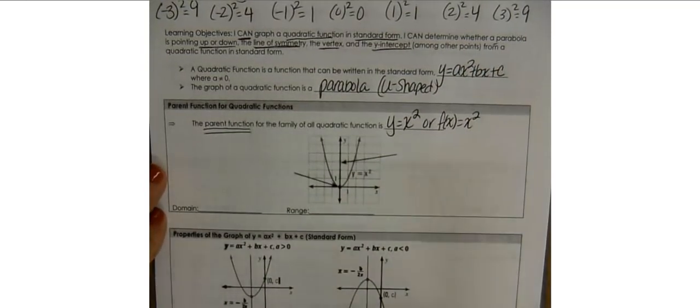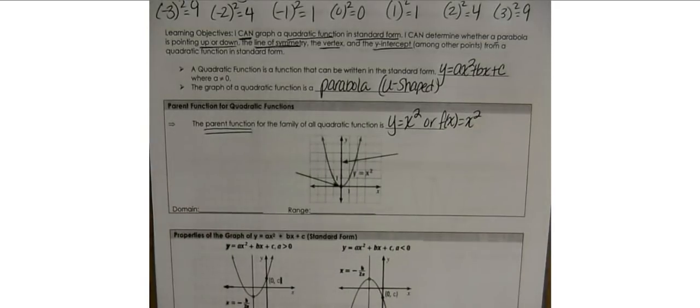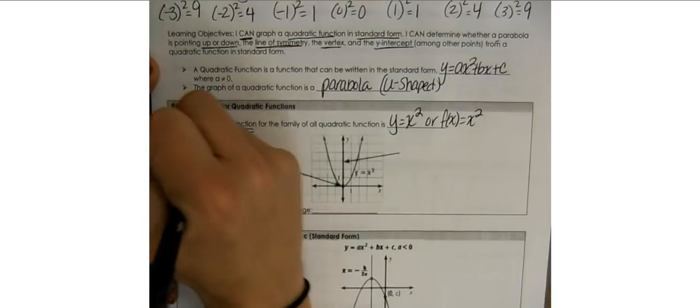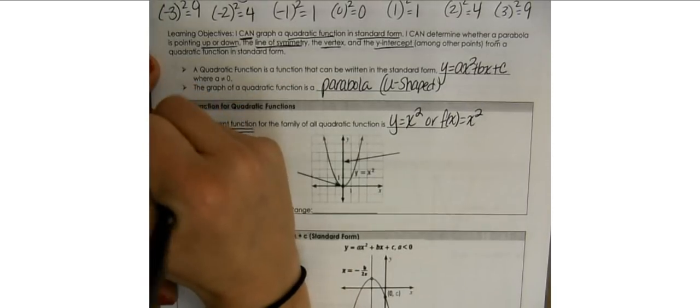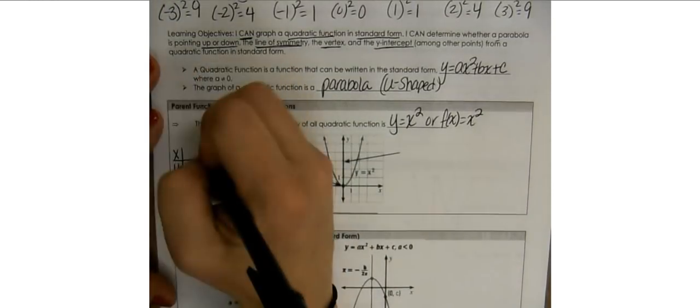It's the simplest form because we're not multiplying by any other numbers other than 1. We're not adding anything on the outside. It's the most basic form of that function. And the table of values for the parent function is essentially our warm-up.